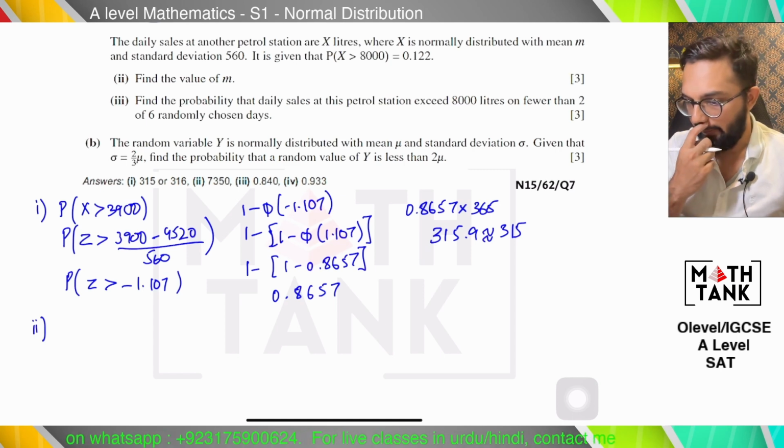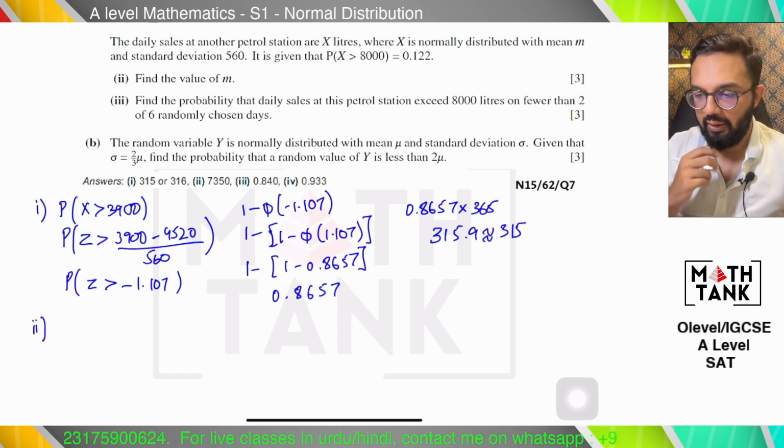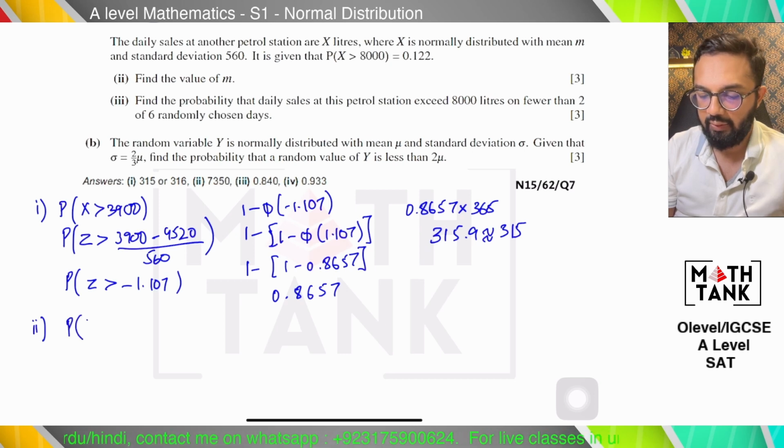It says the daily sales at another petrol station are x liters, where x is normally distributed with mean m and standard deviation. It is given that the probability of x greater than 8000 is 0.122.